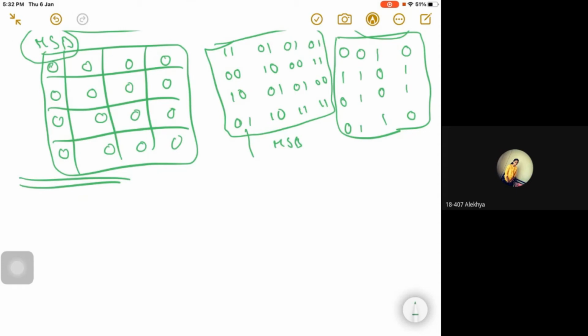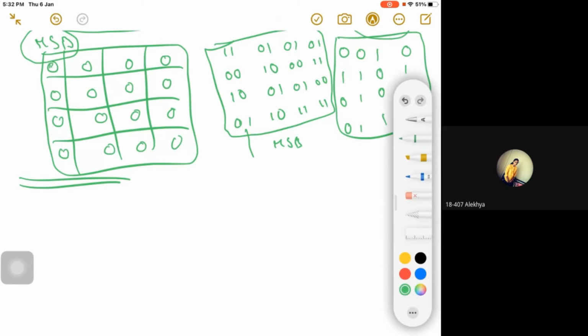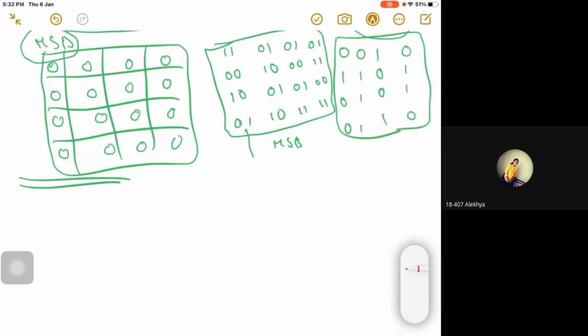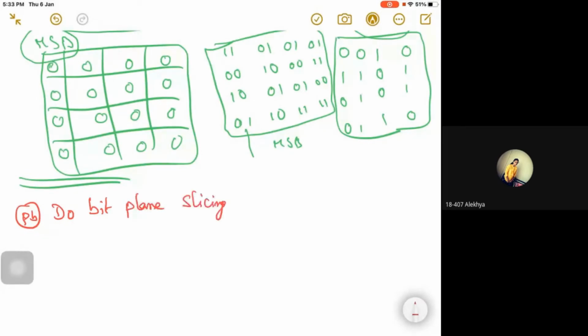And the second method of asking the question in the same bit plane slicing is, so I'm taking the second problem. Please note it down along with me. Another way of asking the problem is: do bit plane slicing with R1 equals 3 and R2 equals 5.